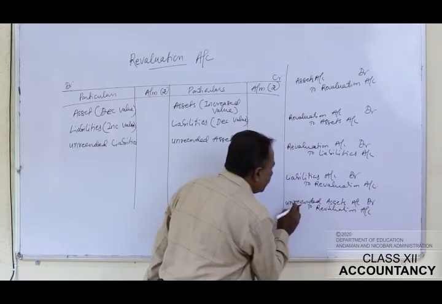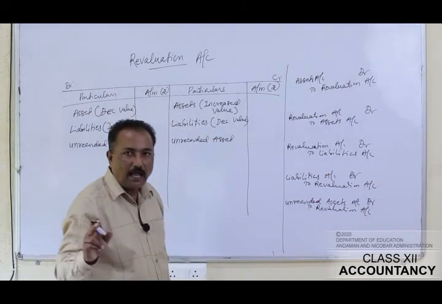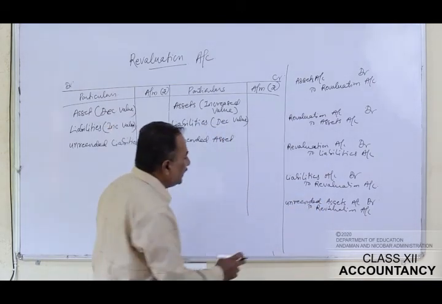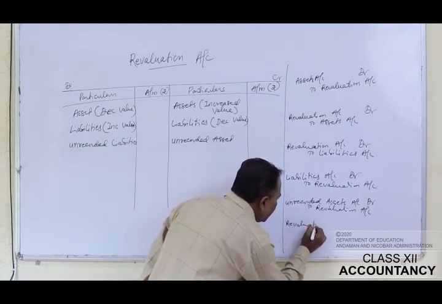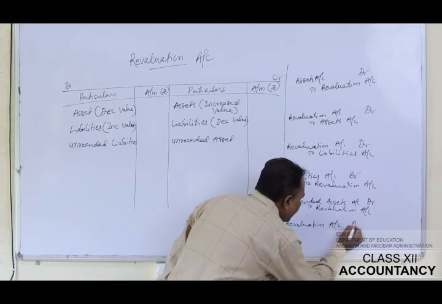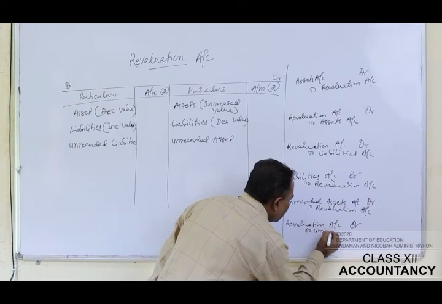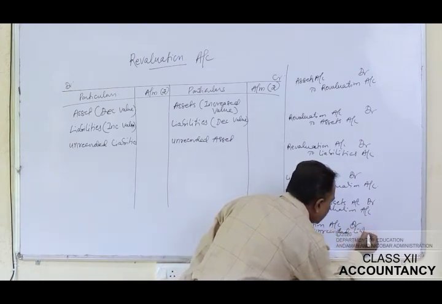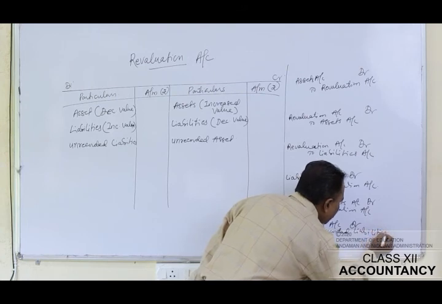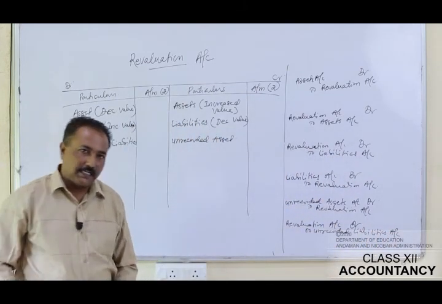By name you have to write which is the unrecorded asset. Now let's talk about unrecorded liabilities. If there is any unrecorded liability, then you record revaluation account debit to unrecorded liability account. So this is the way in which we will pass the journal entry.